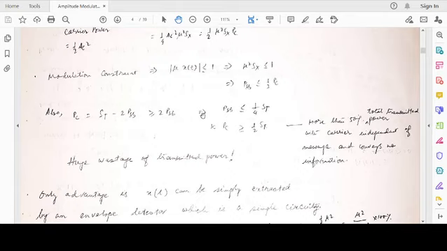So from here you can conclude that power per sideband is less than or equal to 1/4 ST, the total transmitted power. If you bring in the inequality, ST is greater than or equal to 4 PSB. So PSB, power per sideband, is less than or equal to 1/4. 1/4 means 25%.